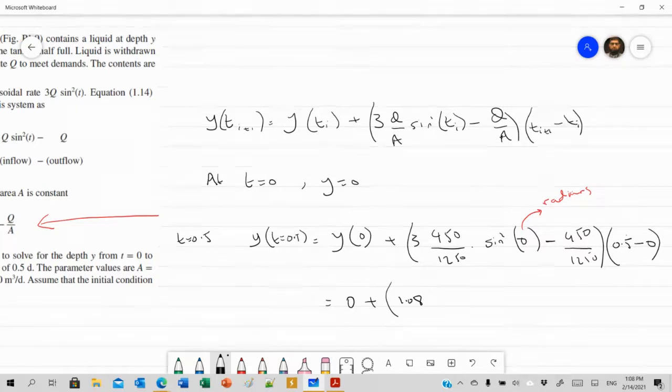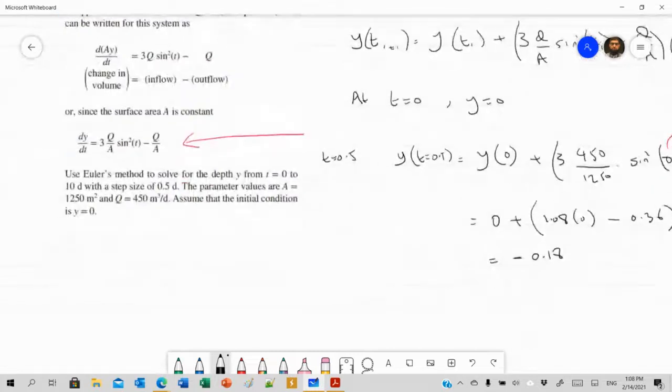Sine square 0 is 0, minus 450 over 1250, so it comes out to be minus 0.36 into 0.5, 0.18. So that's the first value. We get y as minus 0.18.